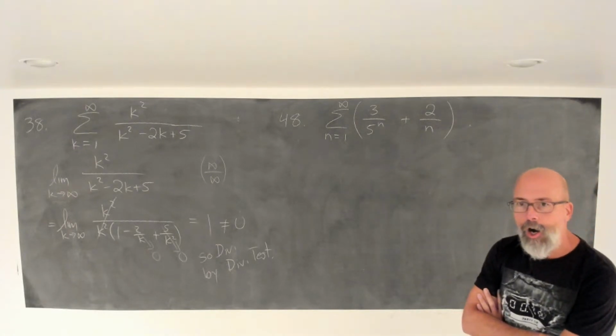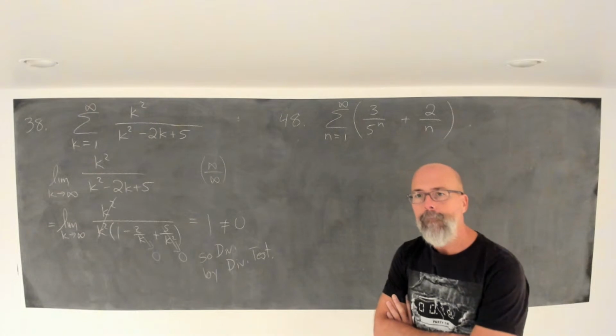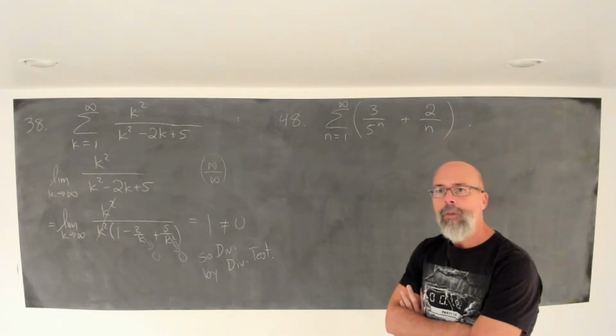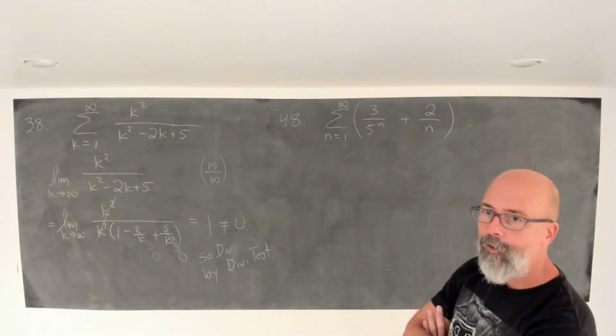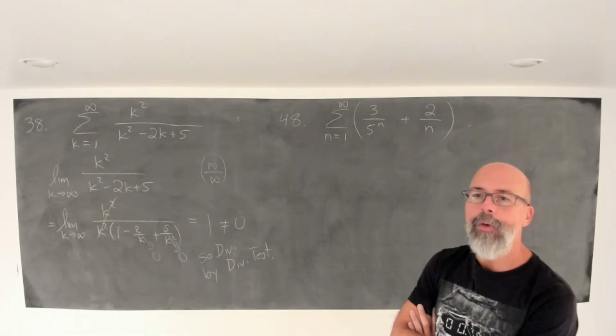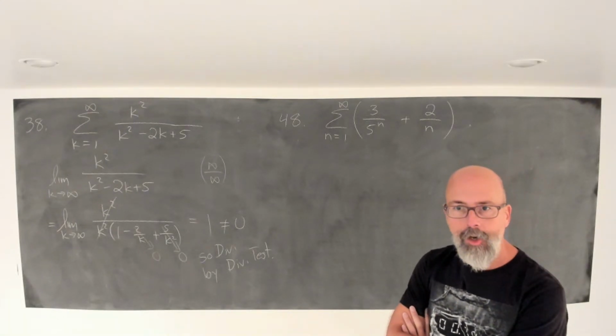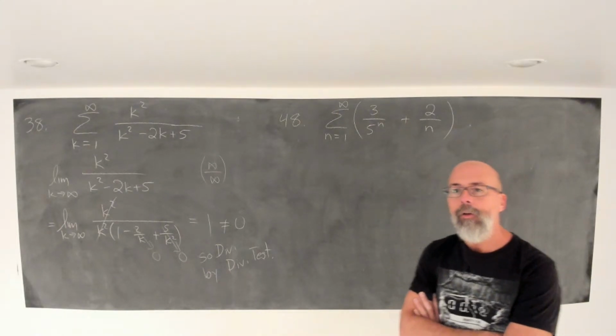I suspect not. If you're referring to not just number 38, we actually did see an example of a telescoping sum which diverges last time. So you can look at the previous video. You'll see.